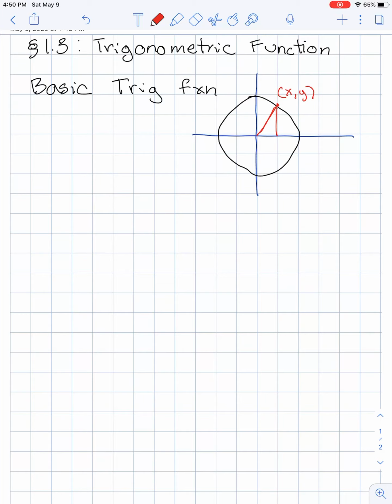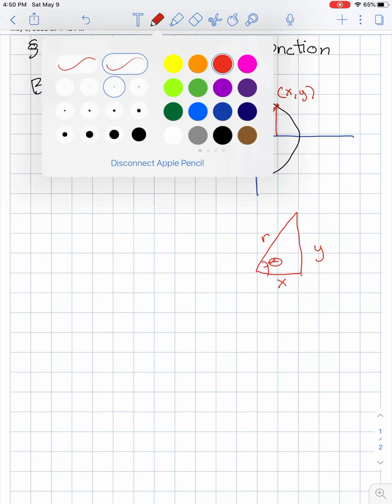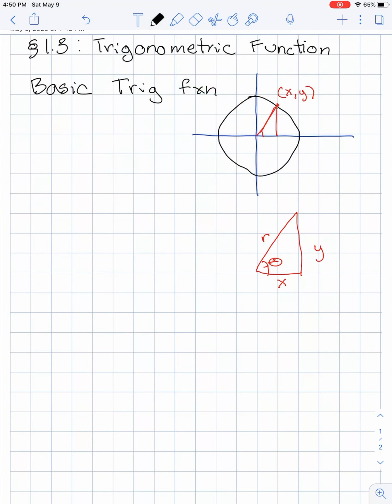I can also enlarge this triangle so that this is x, this is y, this is r, and we also have the angle right here. We like to call this angle theta. Trig functions are ratios of these 3 sides of the triangle.